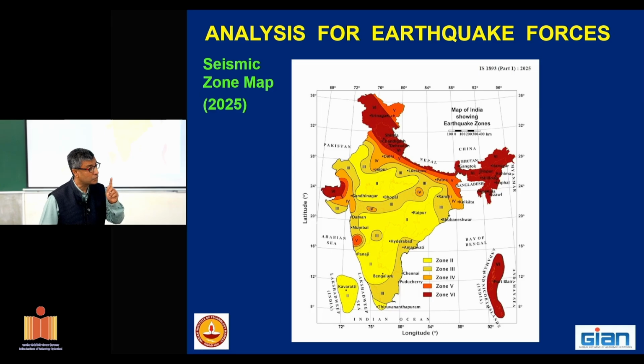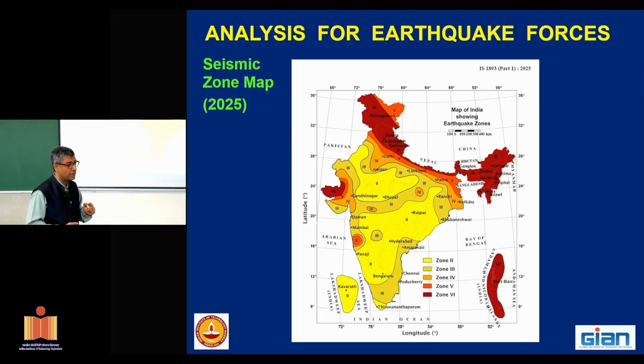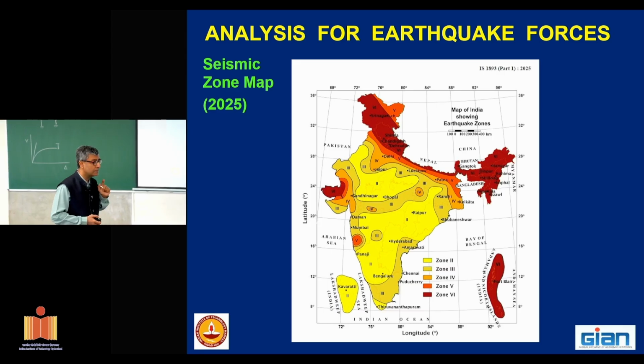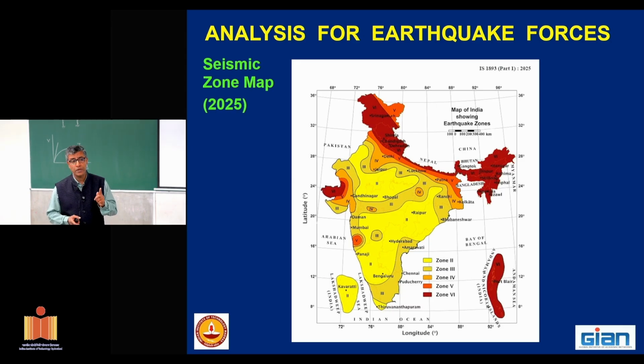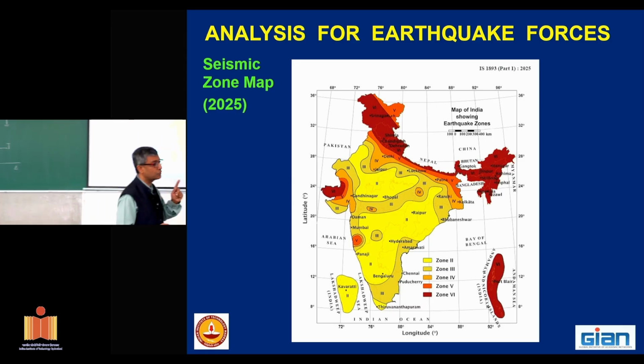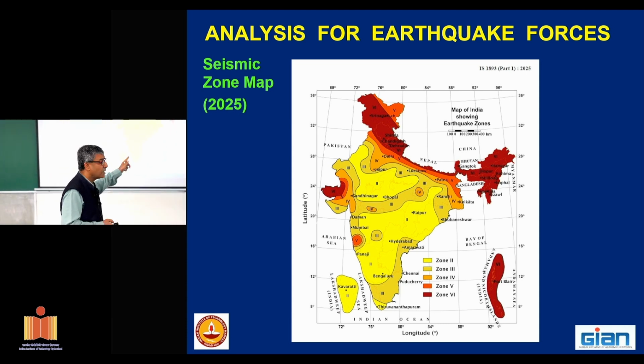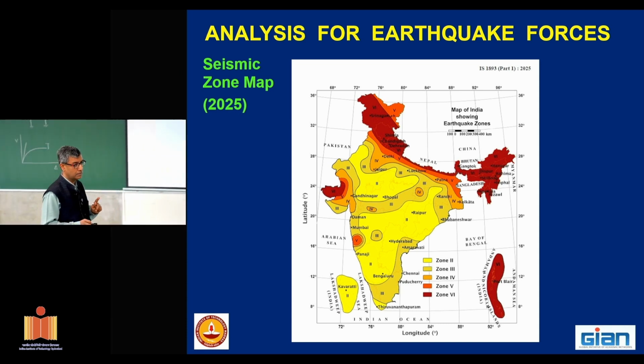For those buildings, your return period should be higher. Even if Hyderabad is in zone 2, for those super tall buildings you have to design for much higher earthquake forces, maybe even more than some lower buildings in zone 3. That's where earthquake design will definitely become more stringent with this present code compared to what we have had till now.